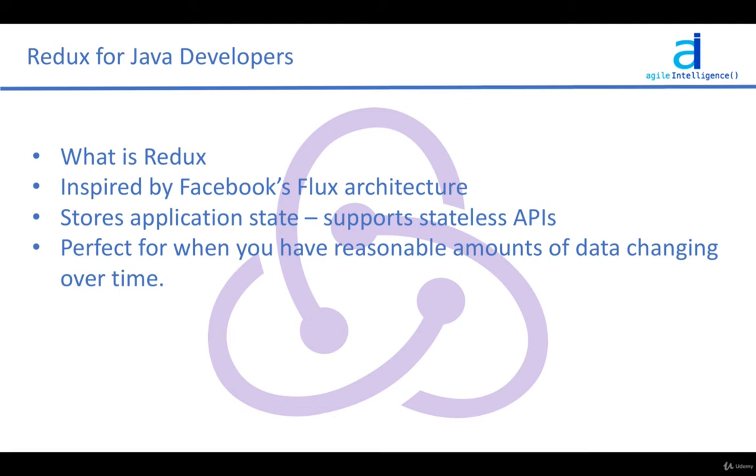So what Redux is going to do is store the application state. Some of the things that it's going to store is a valid JWT token, so that whenever we are trying to access an endpoint that's secured, it's going to pass on the token with the request as well. This is a perfect library to use when you have reasonable amounts of data changing over time.